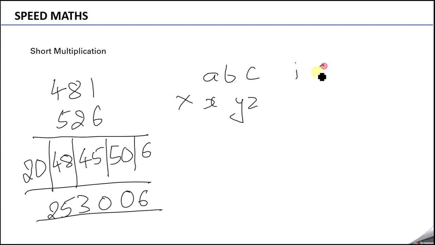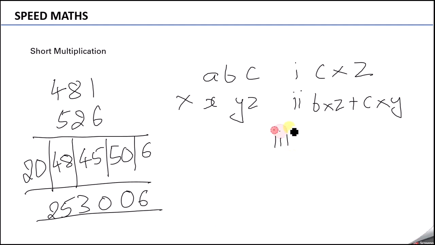The first step would be C into Z. The second one is B into Z plus C into Y. Then the third is the addition to what we saw in the two-digit one. That is, take the corner ones, A into Z plus C into X, and plus B into Y.